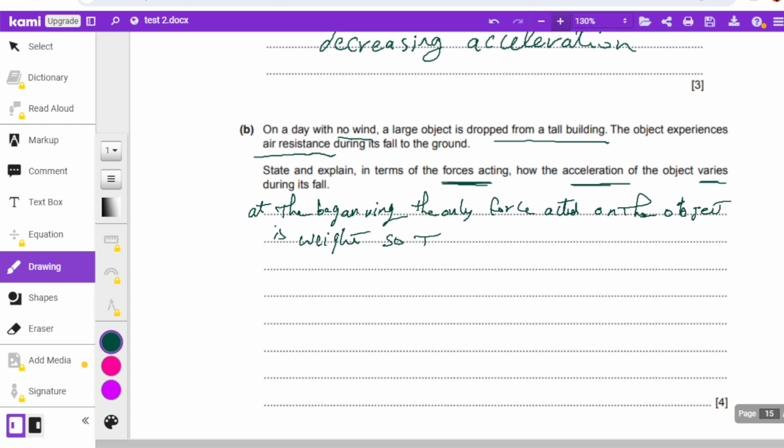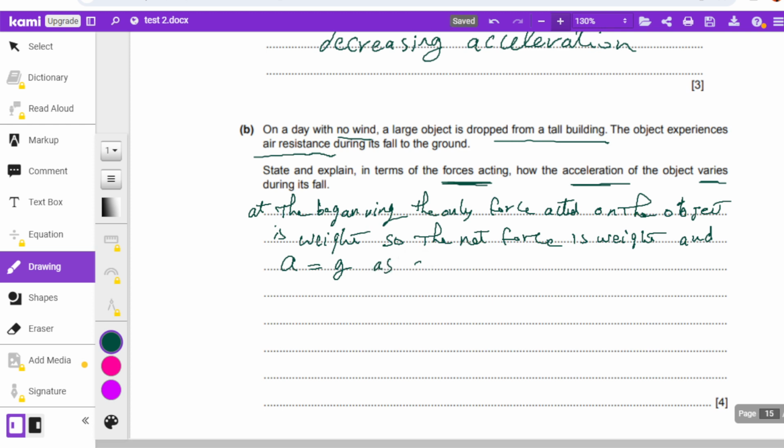So the net force is weight, and acceleration equals g.